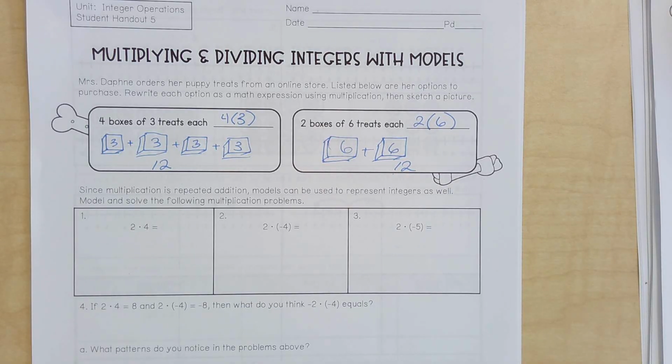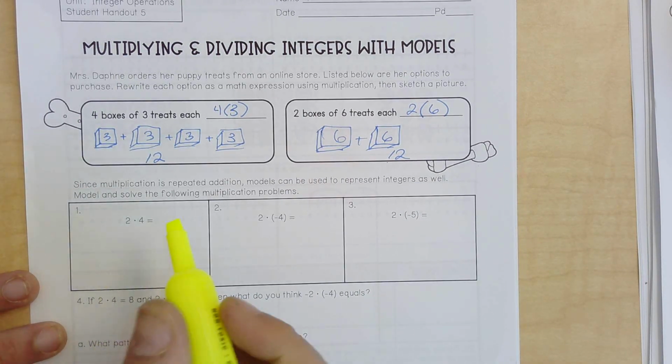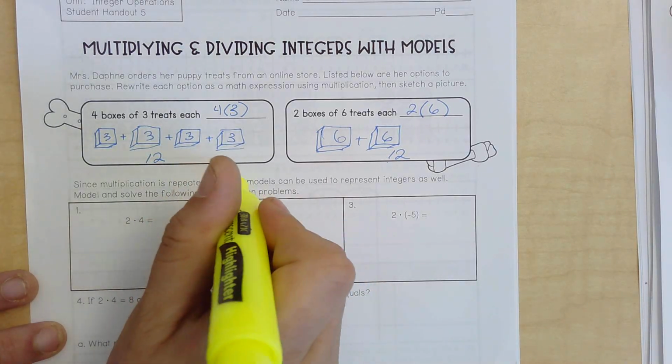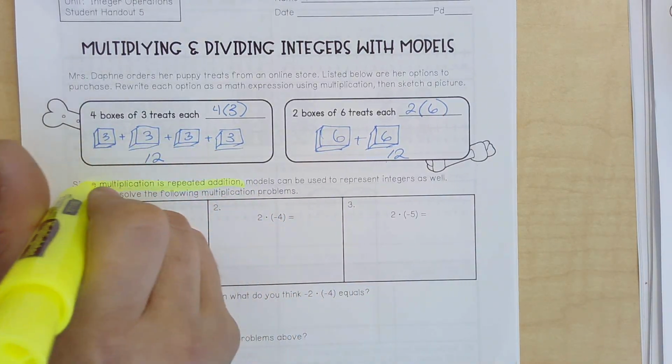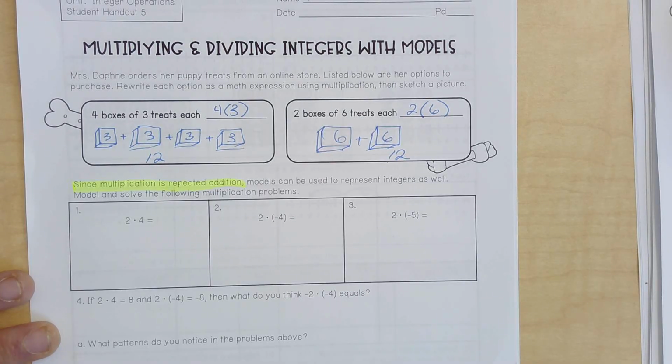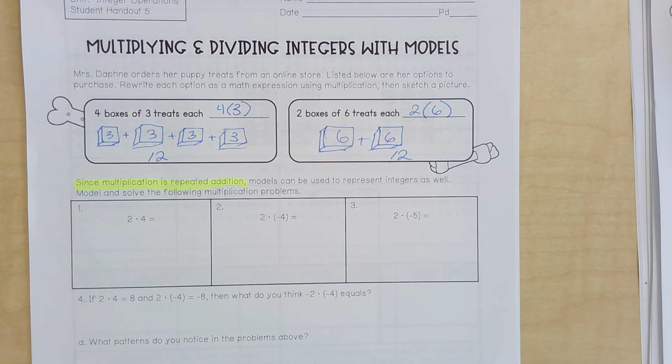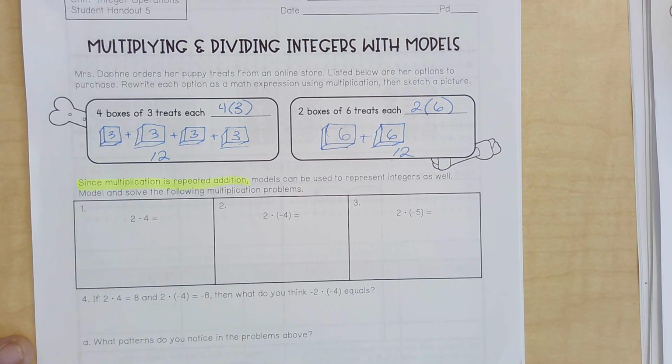Now earlier I mentioned that repeated addition is multiplication. Well, if you look right here, it says since multiplication is repeated addition, models can be used to represent integers as well. Remember that an integer is nothing more than a whole number and its opposite. So we have 2 times 4.